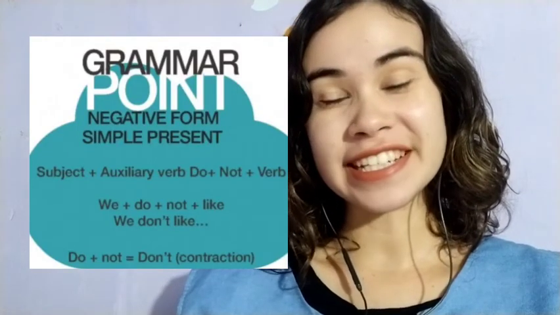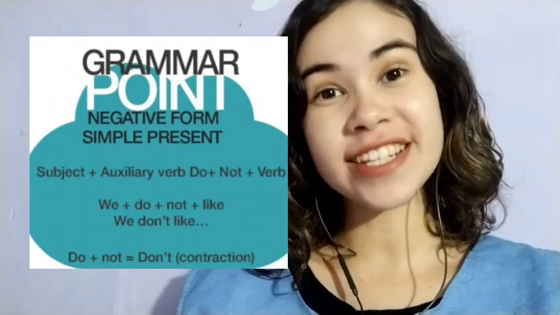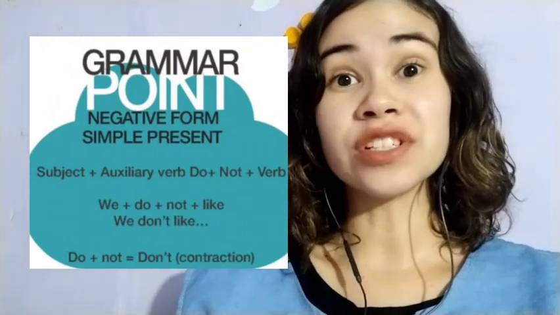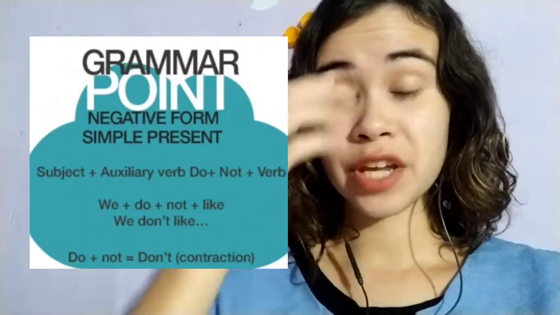This grammar point is about the negative form of the simple present. Do you remember that last class we studied the simple present, the affirmative form? So let's review a little bit for us to understand the negative form, okay? To build the affirmative form of the simple present, we're going to need two things.